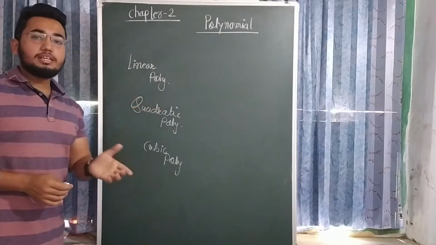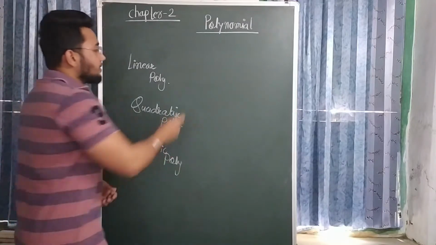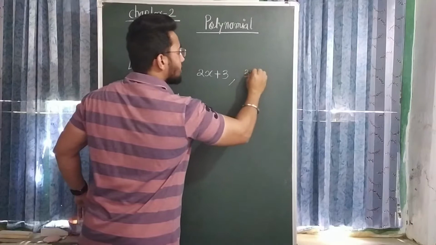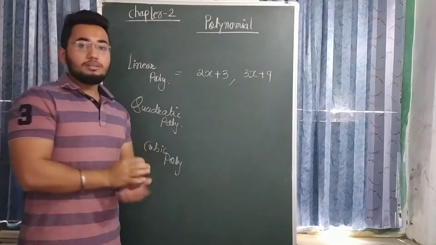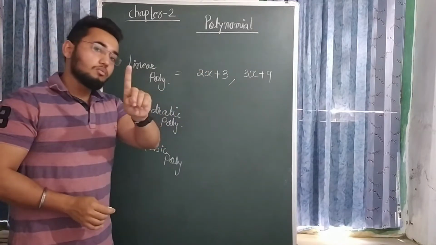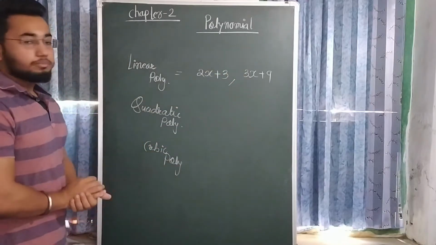Linear polynomial, degree should be 1. Degree means maximum power. Whenever I write 2x plus 3, 3x plus 9, these are all binomials, but the maximum power of the variable is 1. It's called degree. That's why we say that this is a linear polynomial.